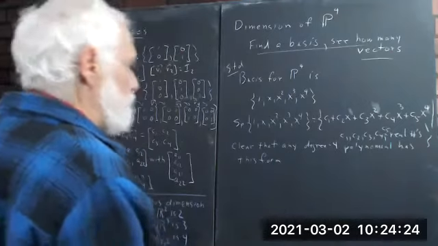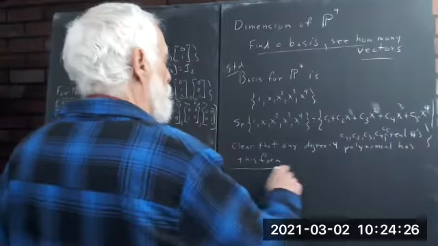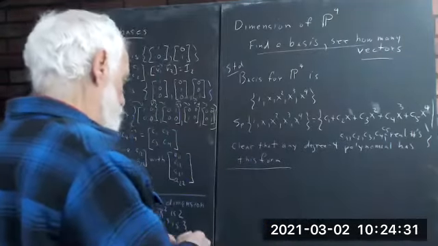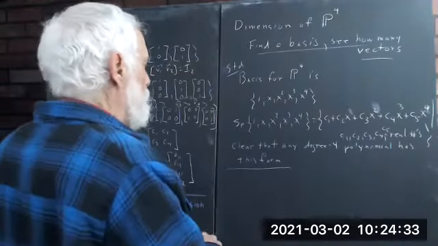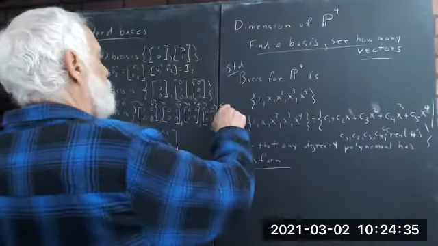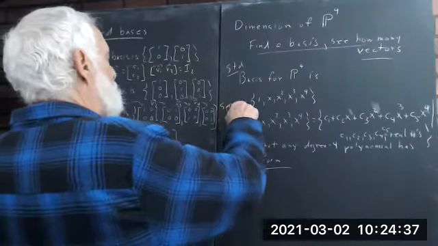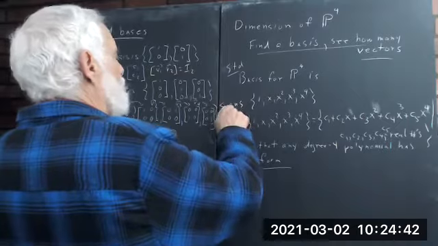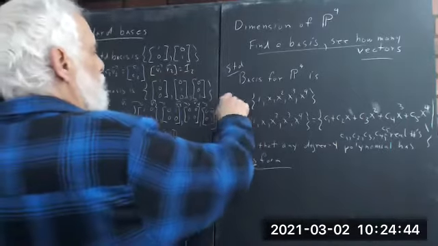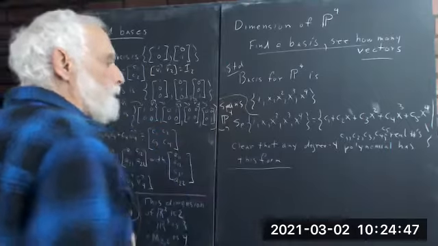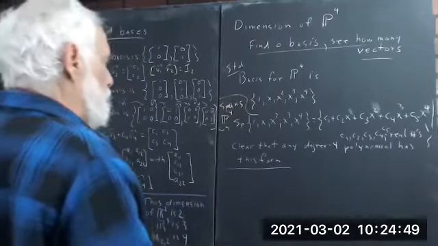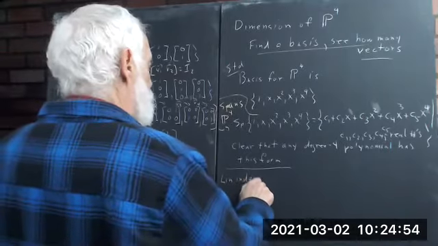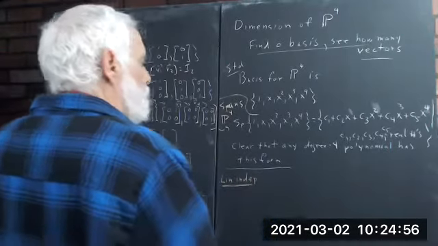And then, so it spans P4. Sorry, that's written poorly. And it's linearly independent. Which means what?